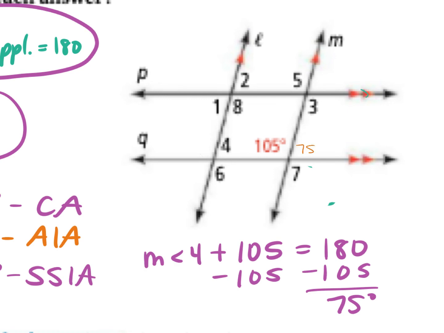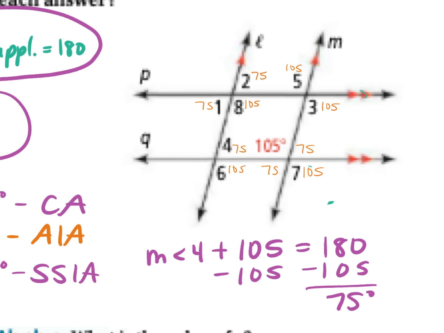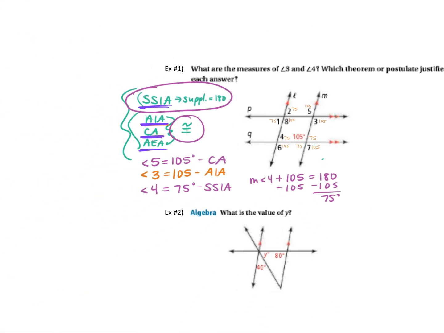So this is 75, this is 105, this is 75, this is 105, this is 75, this is 105, this is 75. So when you have two sets of parallel lines like this, it's one or the other, 75 or 105. Questions on that?